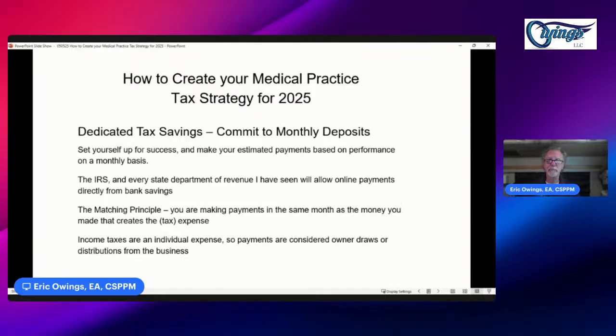But the point here is this. If you are making deposits on a monthly basis, then you're not overburdening yourself with the concept of drawing significant amounts of money out of your business on a more infrequent basis, say quarterly. Monthly is the way to go. And I have never seen a problem with this.